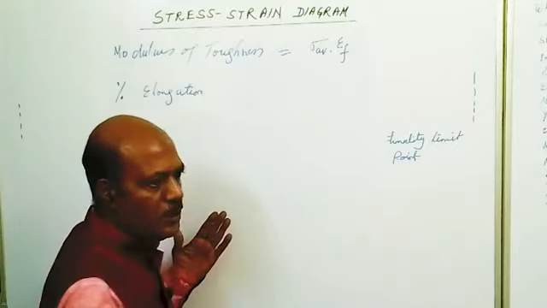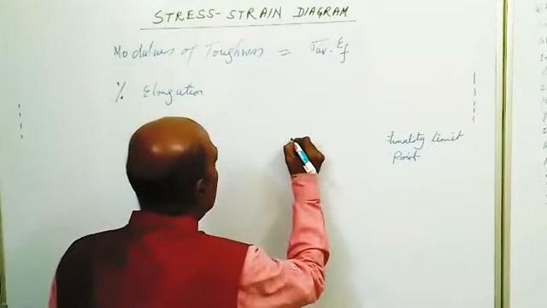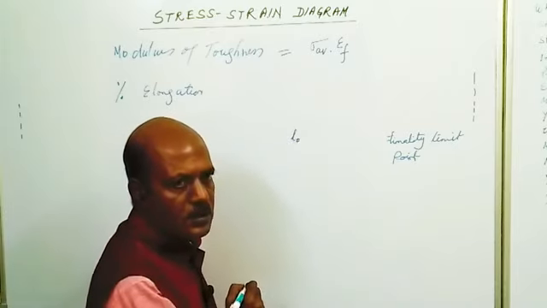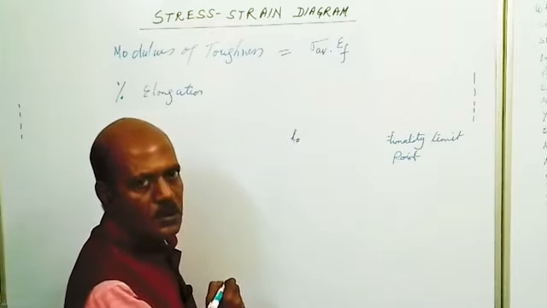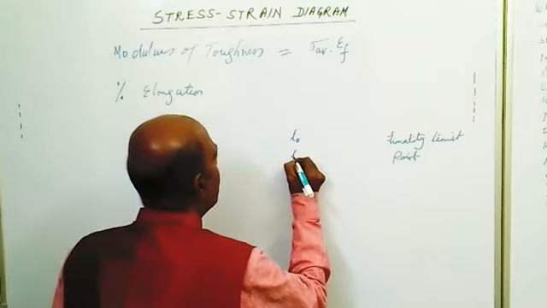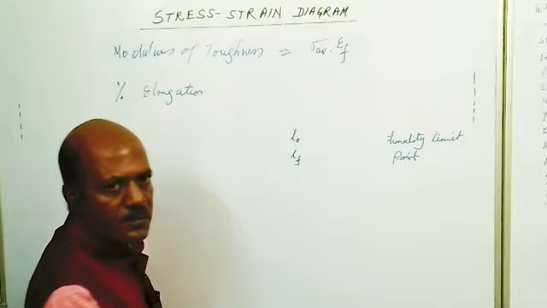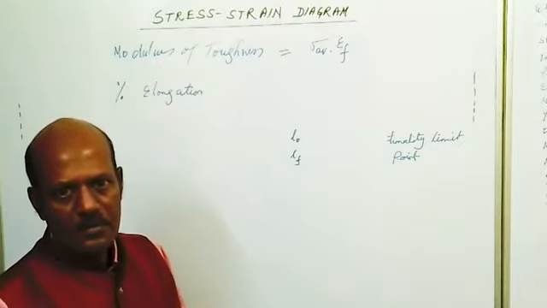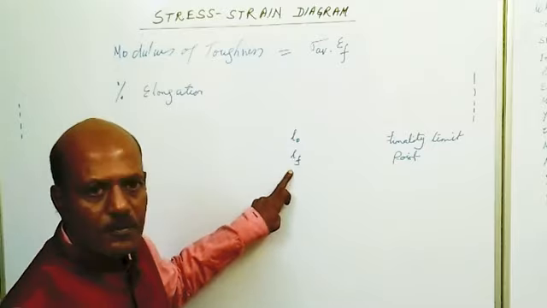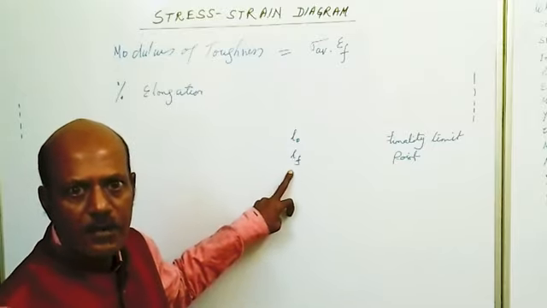Say the body is tested and the original length or the gauge length of the body was L0. So before testing and at breaking point, say the length of the specimen becomes LF. So L0 was the original length and LF is the final length, or the length at the breaking point.